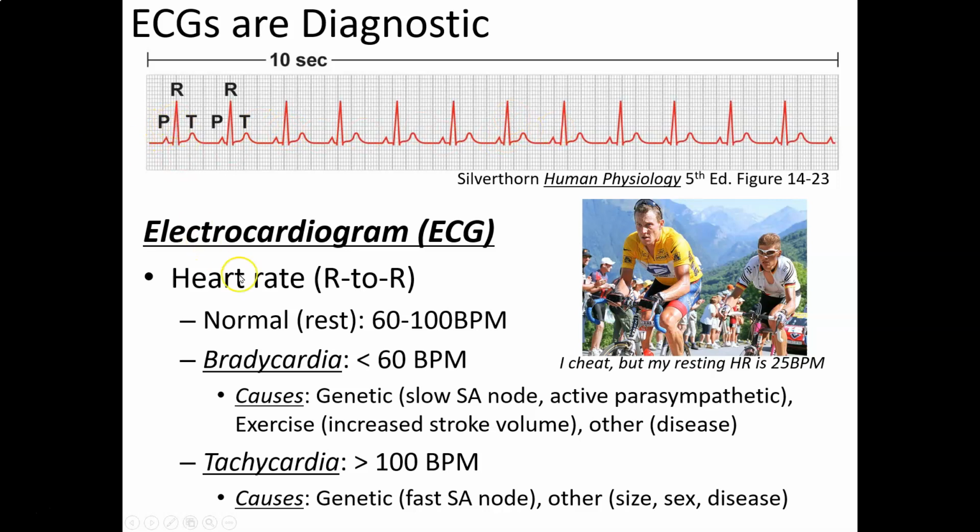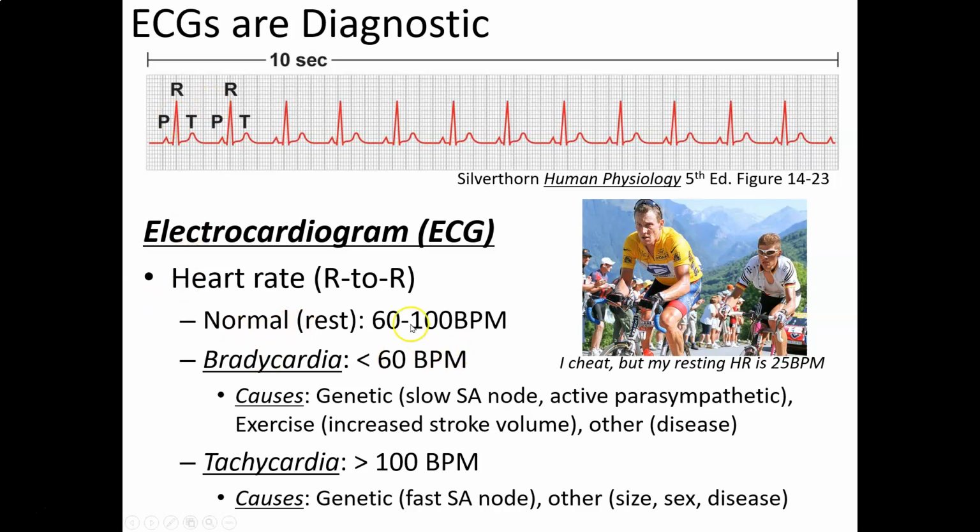So you measure the peak of R and you measure the time it takes to get to the peak of the next R. When you measure that, you can figure out how many milliseconds it took between beats, and then you divide 60 by that number, and that'll give you your heart rate.